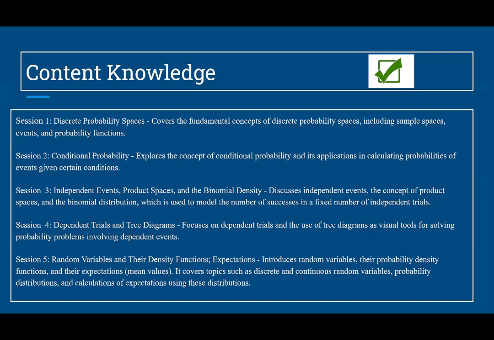It covers topics such as discrete and continuous random variables, probability distributions, and calculations of expectations using these distributions. In addition, students will be able to distinguish between discrete and continuous random variables, determine if a distribution is a probability distribution, and construct a discrete probability distribution and its graph.